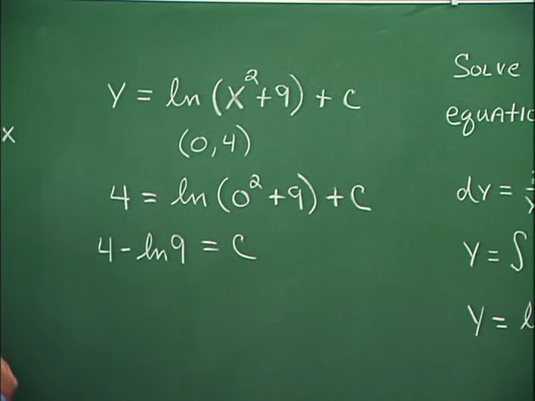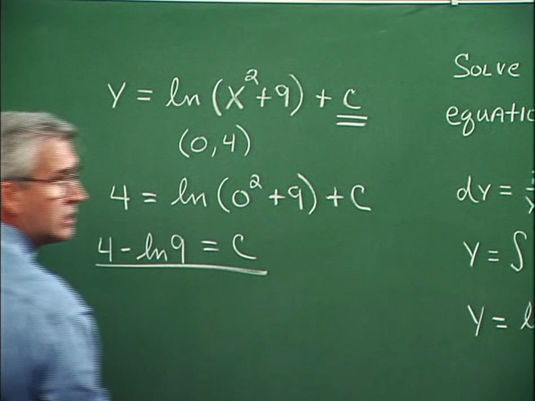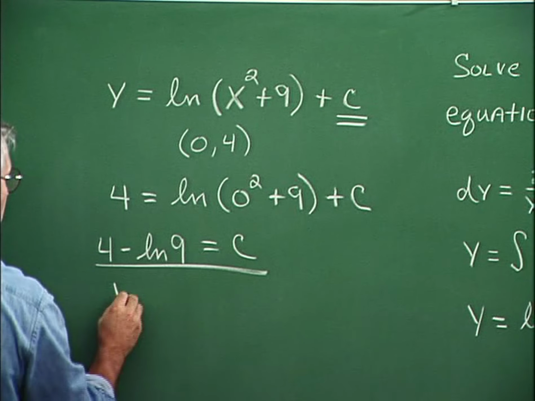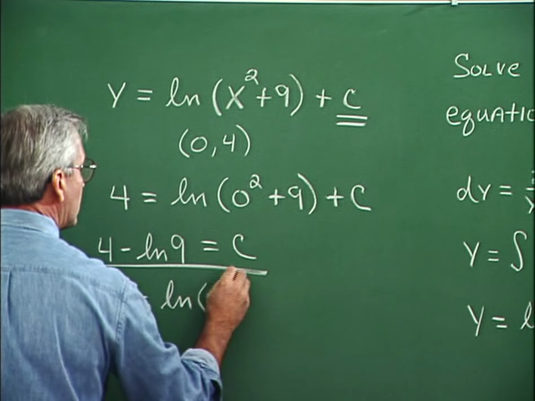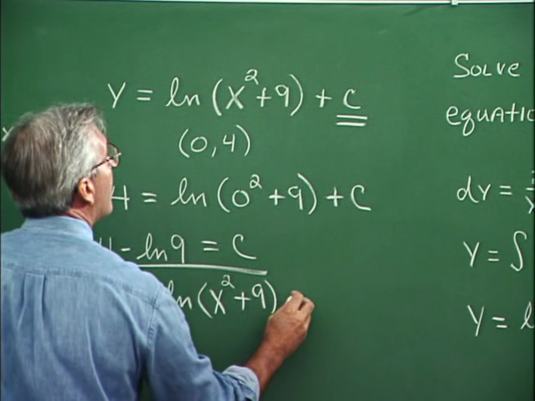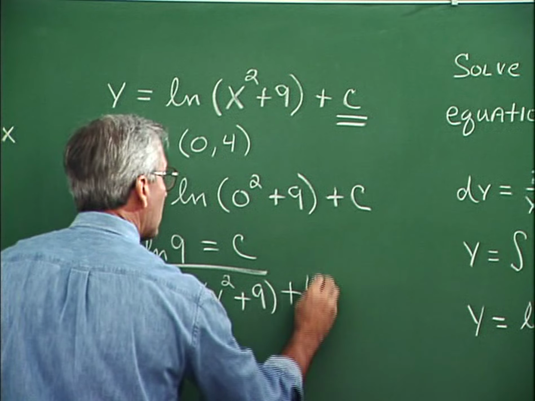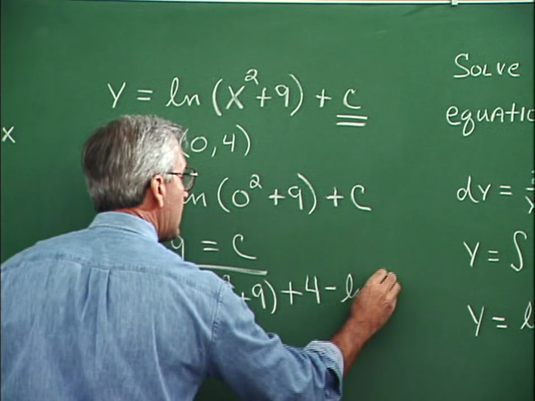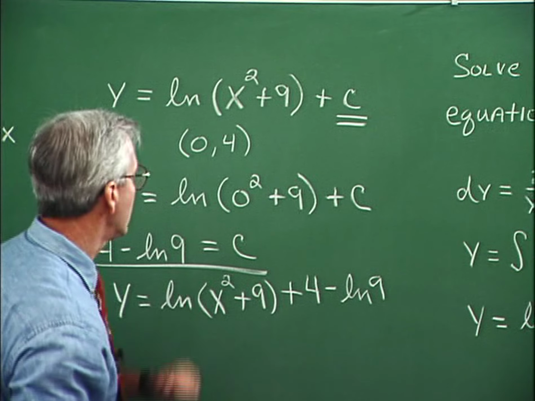And if c has this value, I can take this value and put it in this position. So it becomes y equals ln of x squared plus 9, plus the c value, 4 minus ln 9. And the graph of this should go through the point 0, 4.